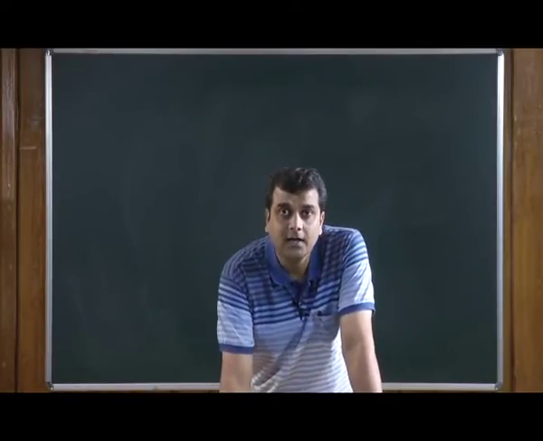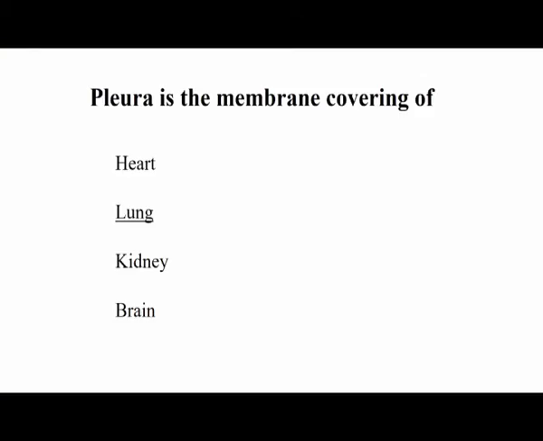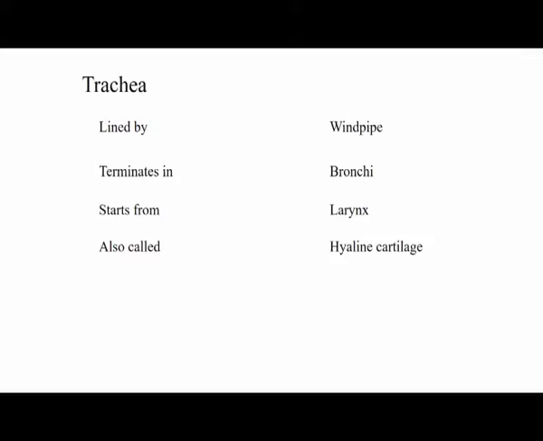The next question in the slide is regarding the trachea. If we discuss the trachea, one can see that it is lined by, if we see the 4 options, the most probable answer, hyaline cartilage.